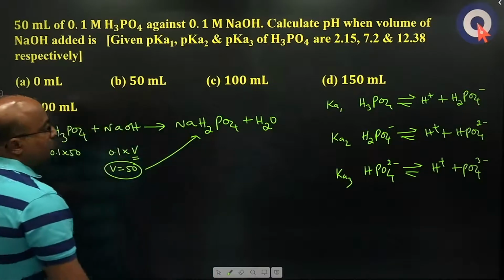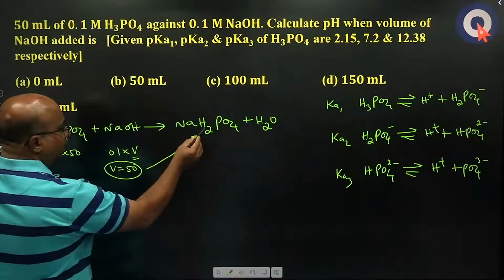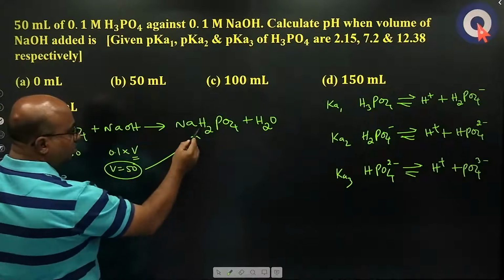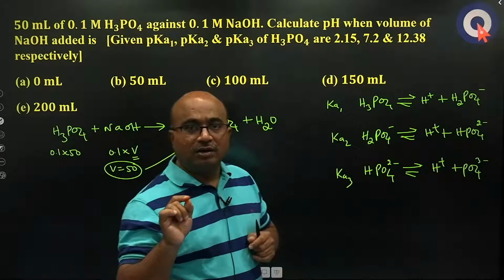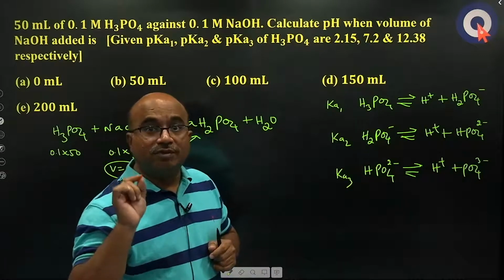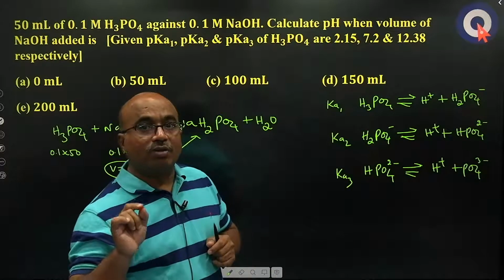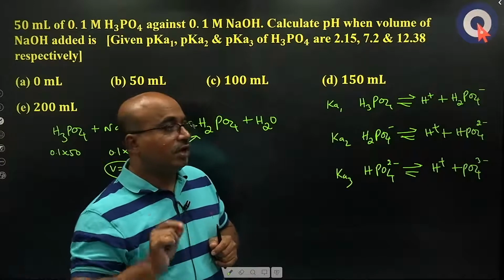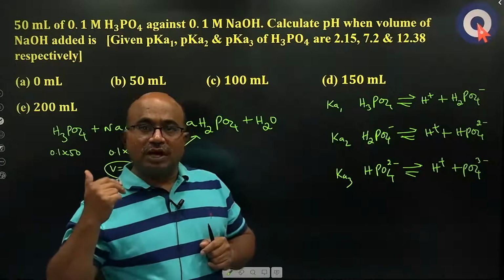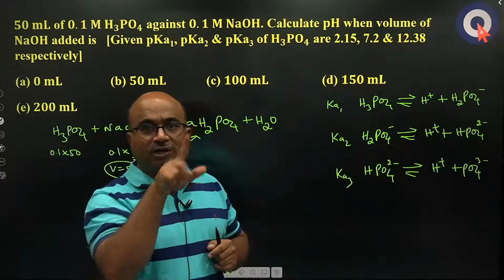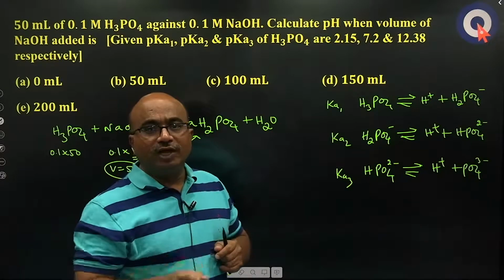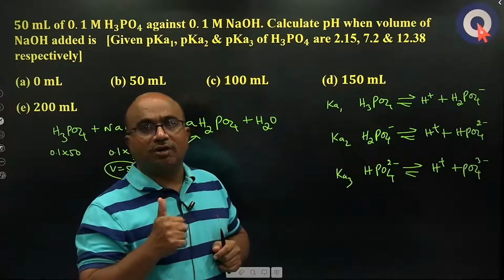So when we take this component, it can undergo hydrolysis, because anions and cations coming from weak electrolytes undergo hydrolysis. A component coming from a strong electrolyte cannot undergo hydrolysis. So sodium ion is coming from a strong electrolyte. How do we say NaOH is a strong electrolyte?